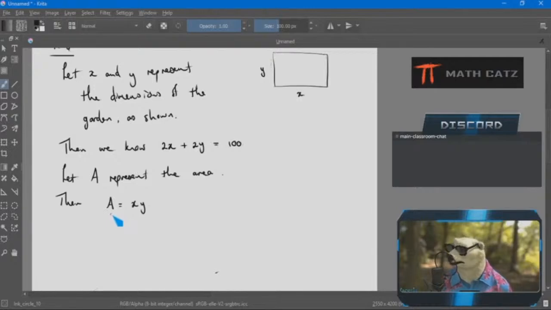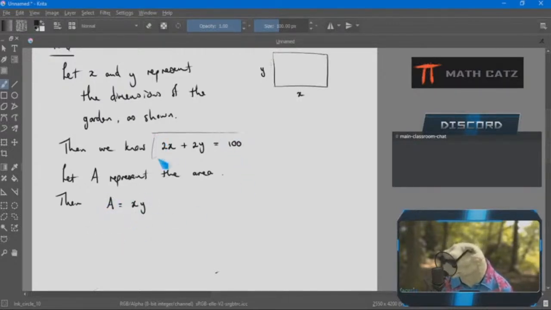But if I look at this function, this area function depends on 2 variables. And when I've done my analysis, increasing, decreasing behavior, finding critical points, whatever I want to do, it's always a function of just 1 variable. So I'm kind of stuck here.